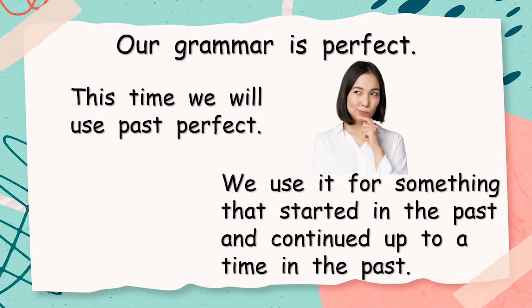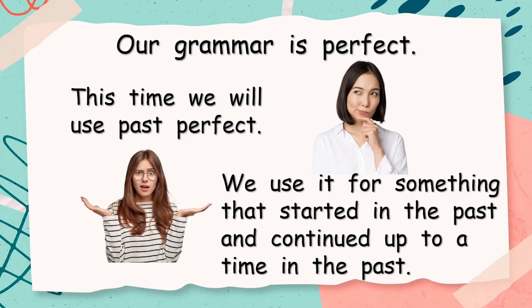We use it for something that started in the past and continued up to a time in the past. That's not really very clear, is it? So it started in the past and it finished in the past. Okay. Yeah, we need some examples.